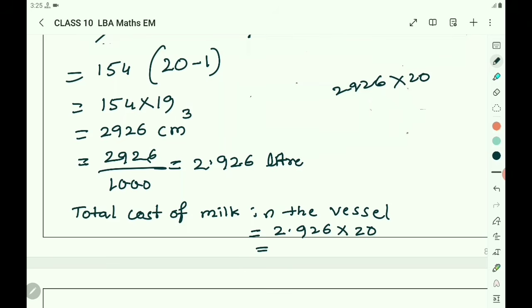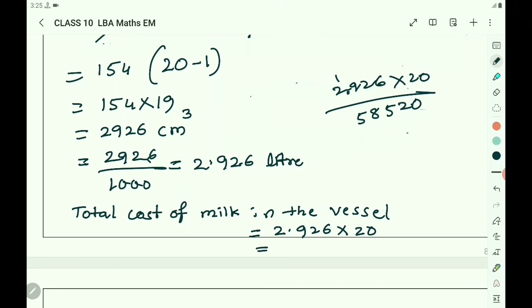2926 into 20. 2 6s are 12, 1, 2 2s are 4 plus 1, 5, 9 2s are 18, 1 carry, 2 2s are 4 plus 1, 5, and this 0.